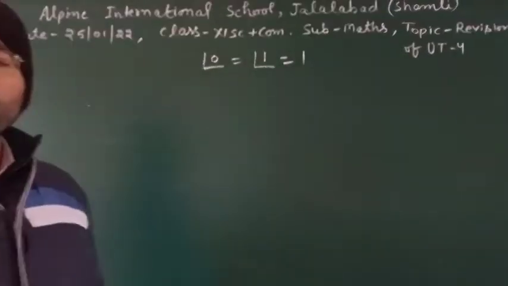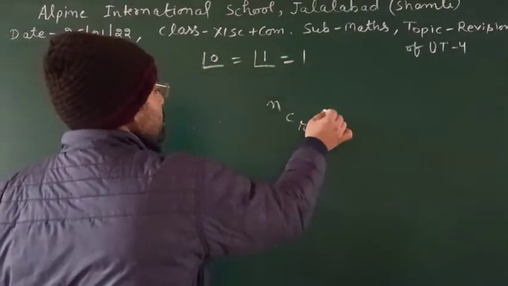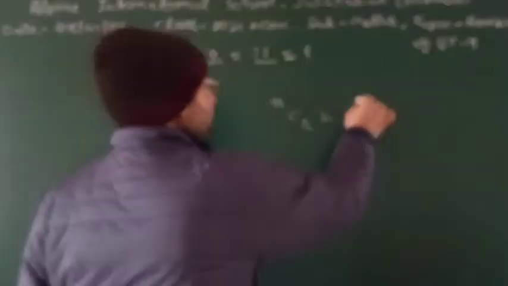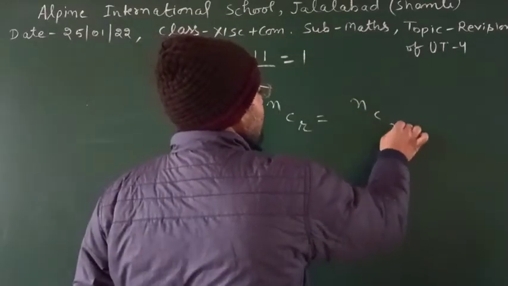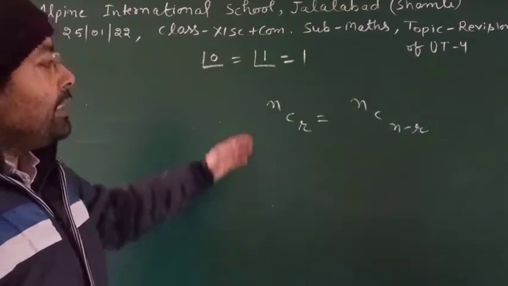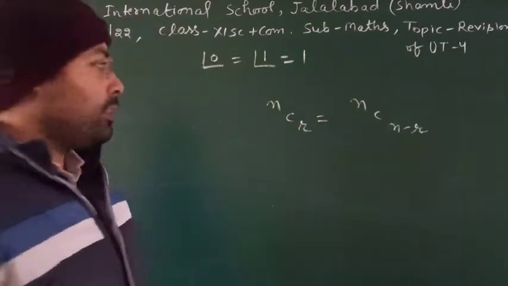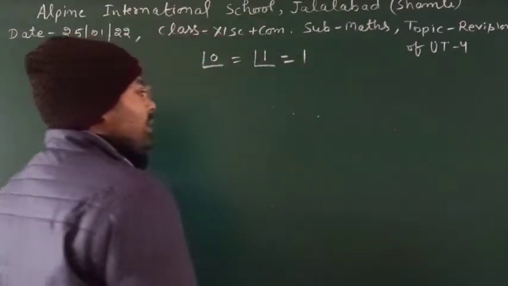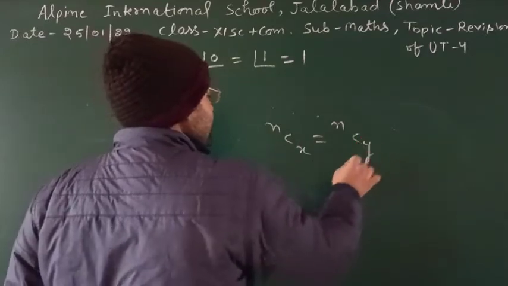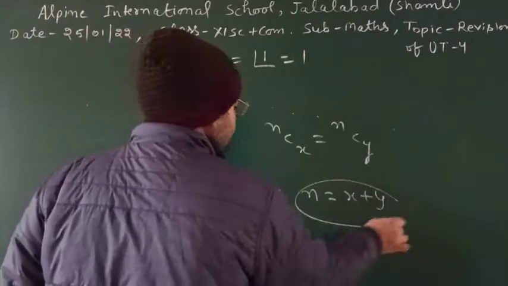यहाँ पे कुछ फॉर्मूले होते हैं. सपोज वी हैव nCr, then we can write it as nC(n minus r). इसको हम ऐसे लिख सकते हैं, nCr is equal to nC(n minus r). ये फॉर्मूला आप याद रखें. इसके बाद में if nCx is equal to nCy, then this implies n is equal to x plus y.